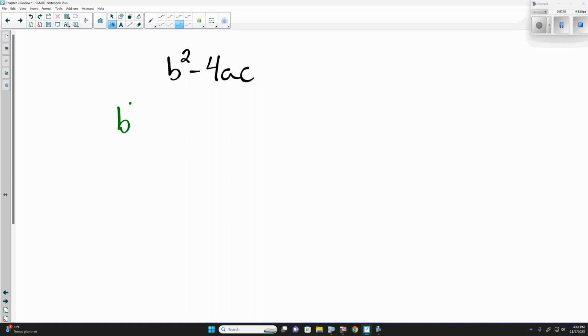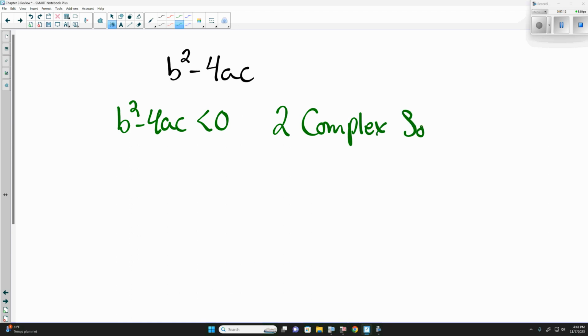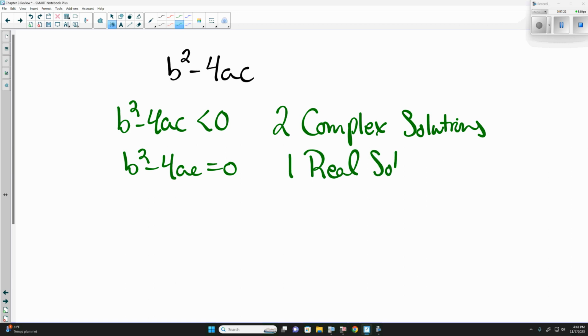Now, if b squared minus 4ac is less than 0, we have two complex solutions. If b squared minus 4ac is equal to 0, we have one real solution.